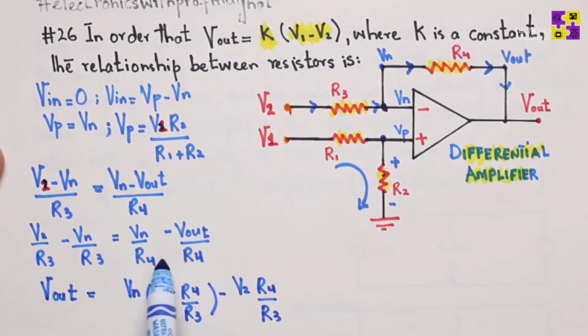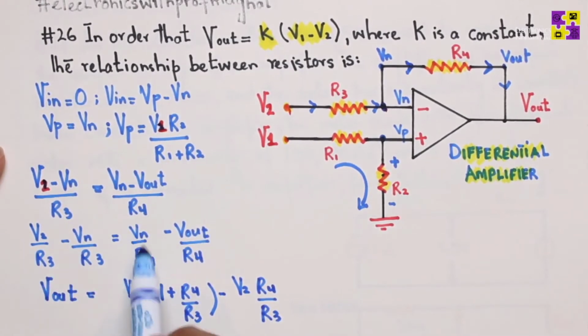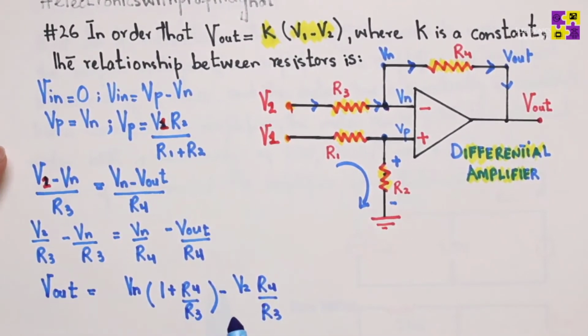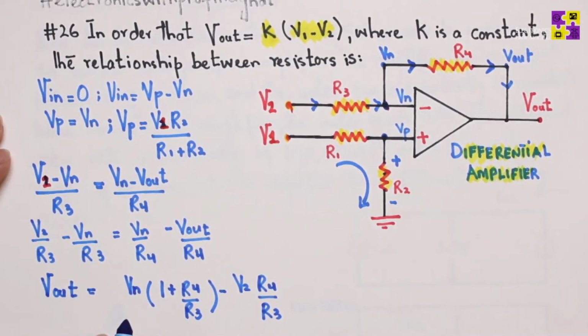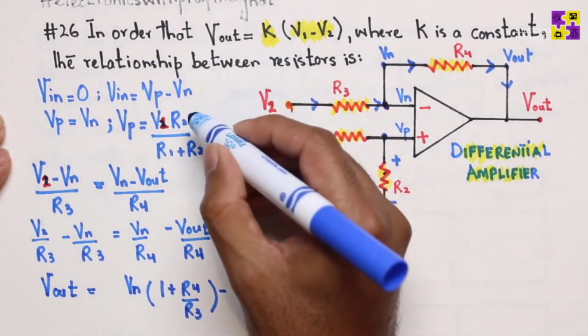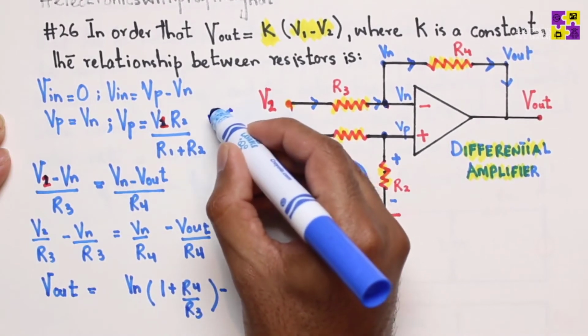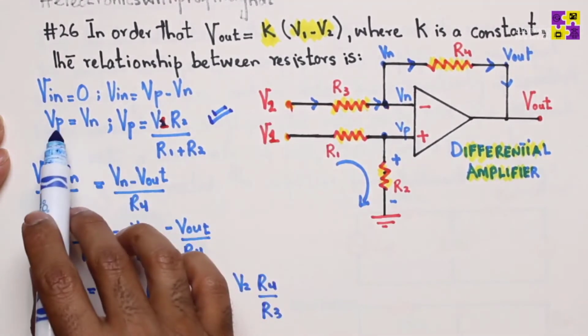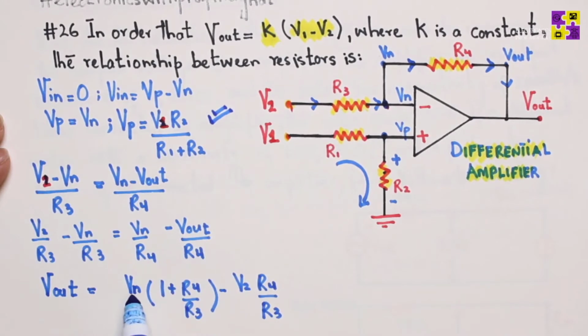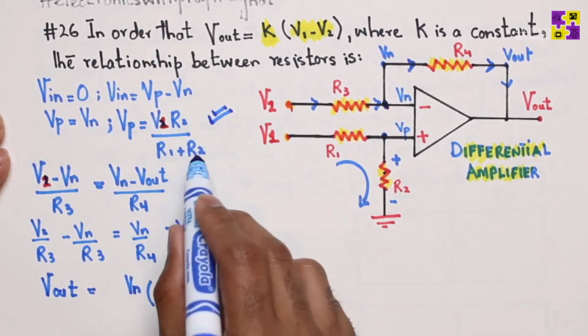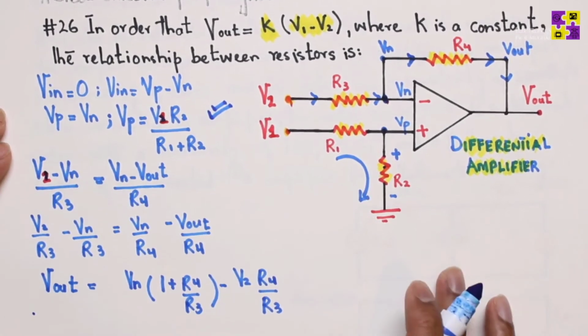Basically, if I take R4 as common and take it to the other side of the equation, R4 will be multiplied by these two terms, and taking Vn on the left-hand side as well, the equation becomes this right here. Now remember, Vout equals Vn times this minus V2 R4 over R3. Vn is here already. We have determined the equation for Vp, and since Vp equals Vn, I can substitute Vn with V1 R2 over R1 plus R2, correct? So that's what I'm going to do now.